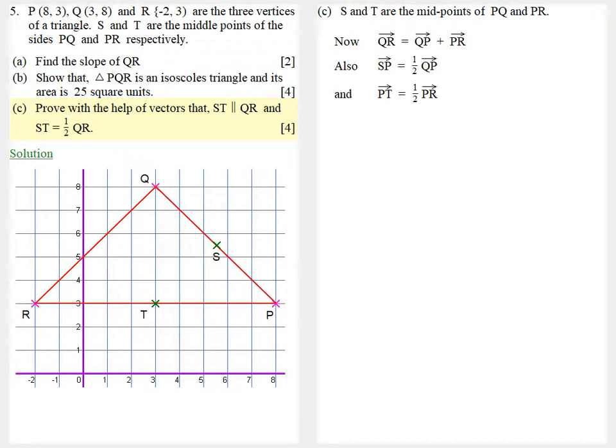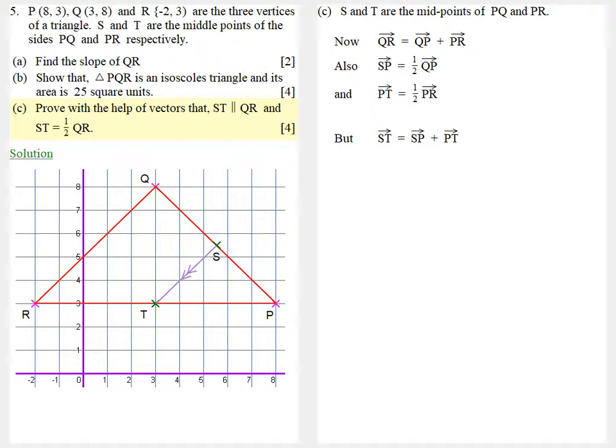But going from S to T is the same as going from S to P and then P to T. So the vector ST is equal to the vector SP plus the vector PT.